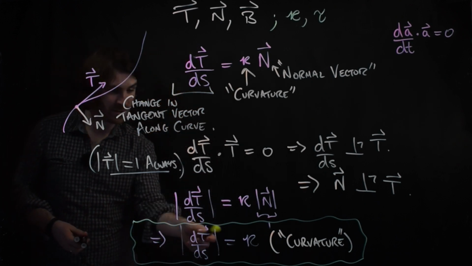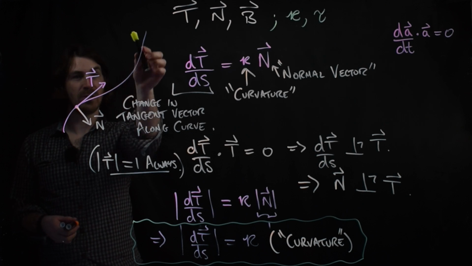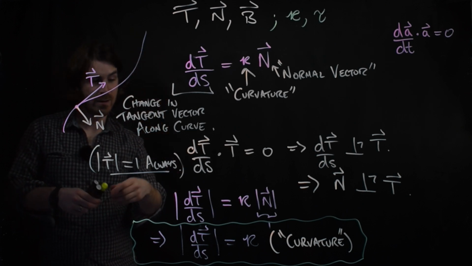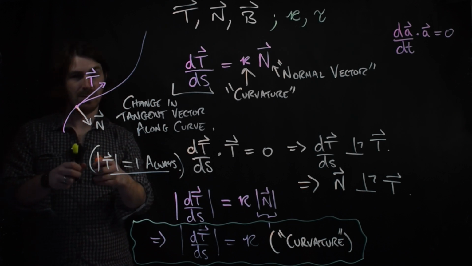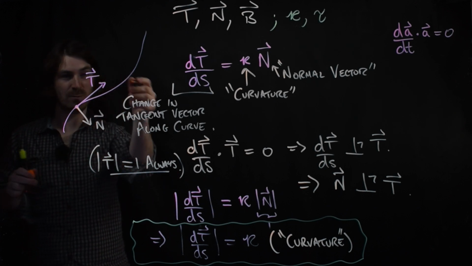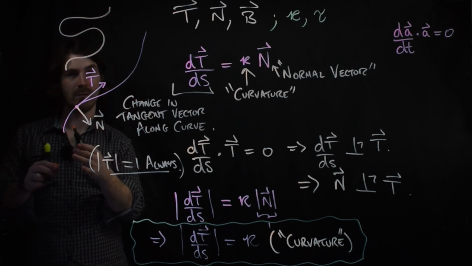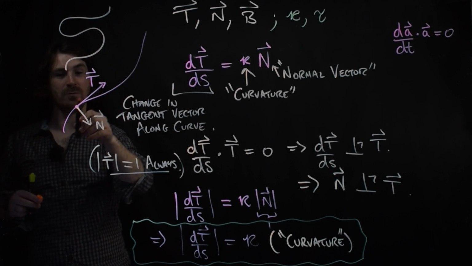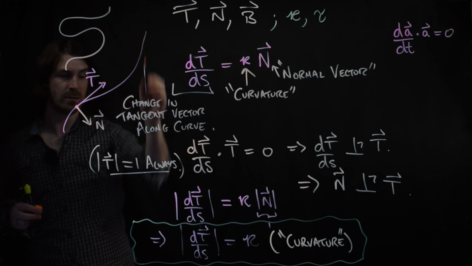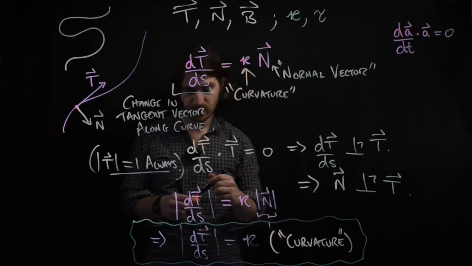So this is a measure of how quickly the tangent changes along the curve, in other words, how curvy the curve is. So this is one curve, maybe we have another curve like this, and here the tangent changes very quickly relative to how the tangent is changing here. So in both those cases, the curvature will be different.